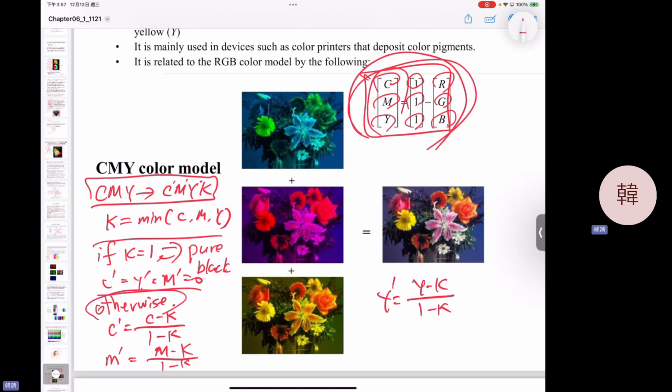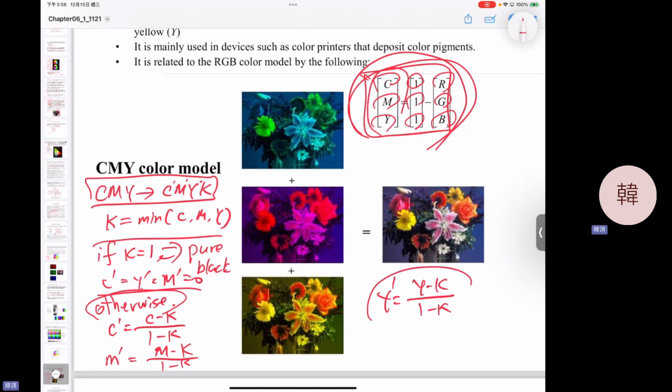Try to calculate it, because we have one more component, K, here. From here, C is your original minus K. If you want to go back from CMYK to CMY, how can you do it?